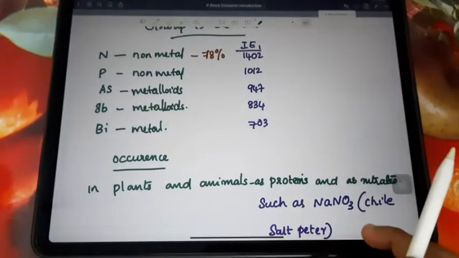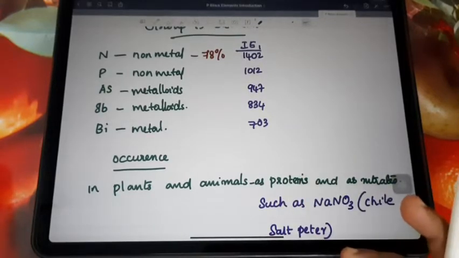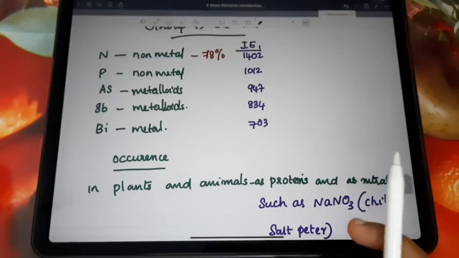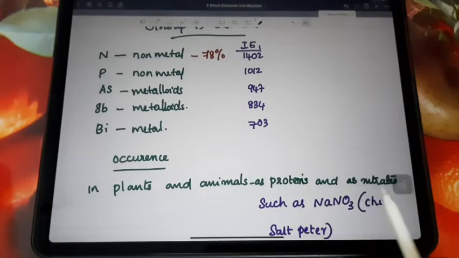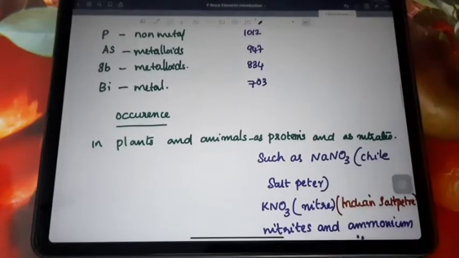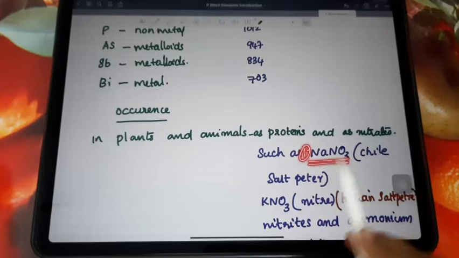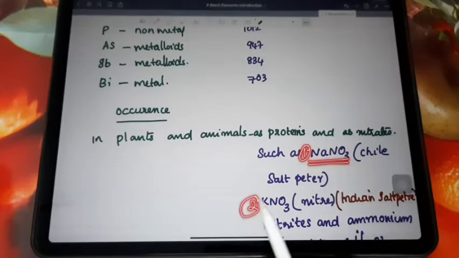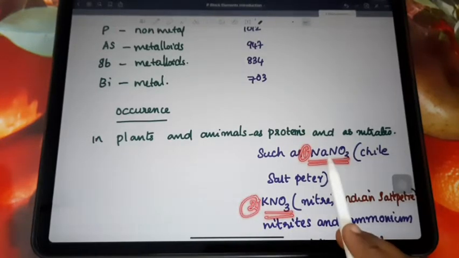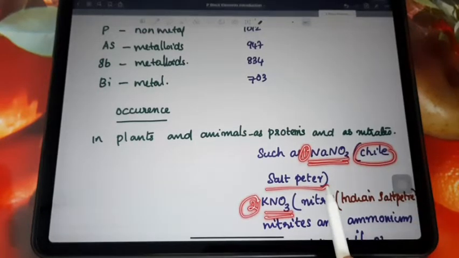Nitrogen exists in plants and animals in the form of proteins and nitrates. Nitrates exist in two forms. First is sodium nitrate and the second is potassium nitrate. Sodium nitrate has one common name, that is Chile saltpeter.